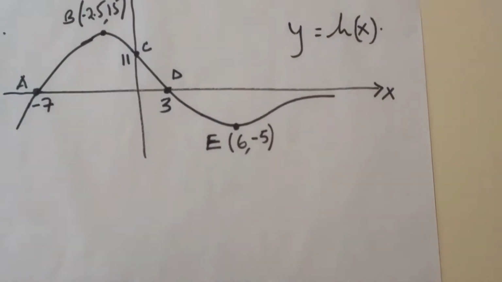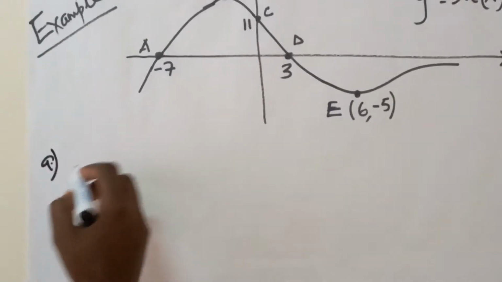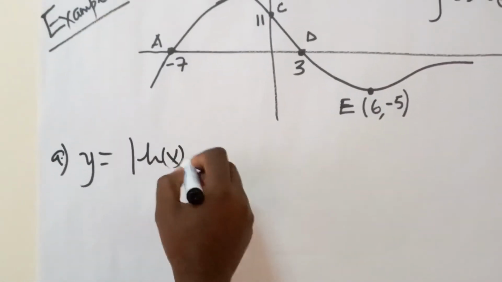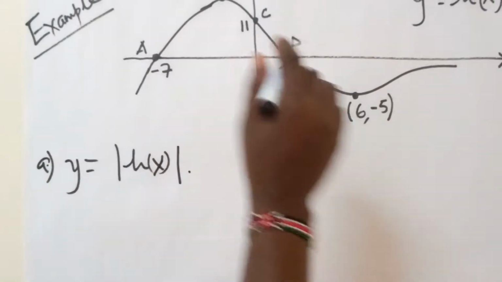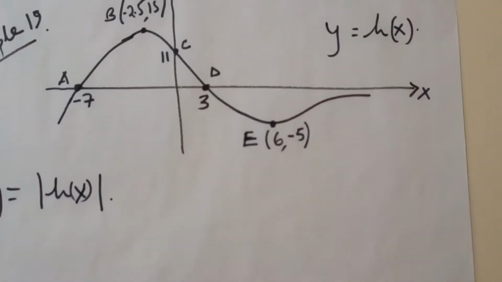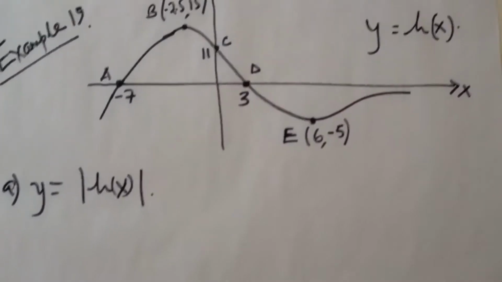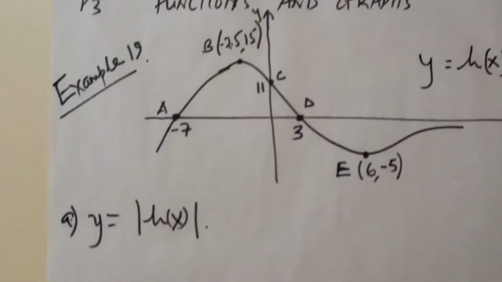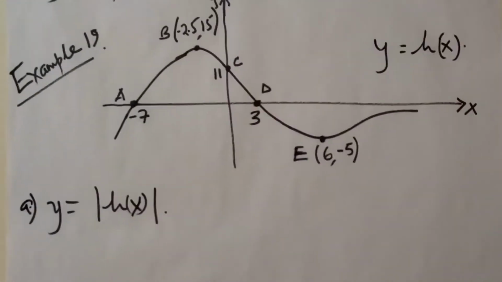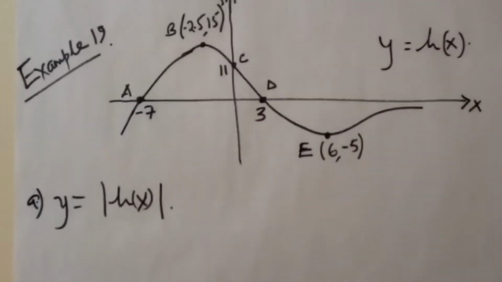In part A, we are supposed to sketch the graph of y equals modulus of h(x). This means it's the whole function that is moduled. That means entirely we are not expected to give the value of y in negative forms. That means what?